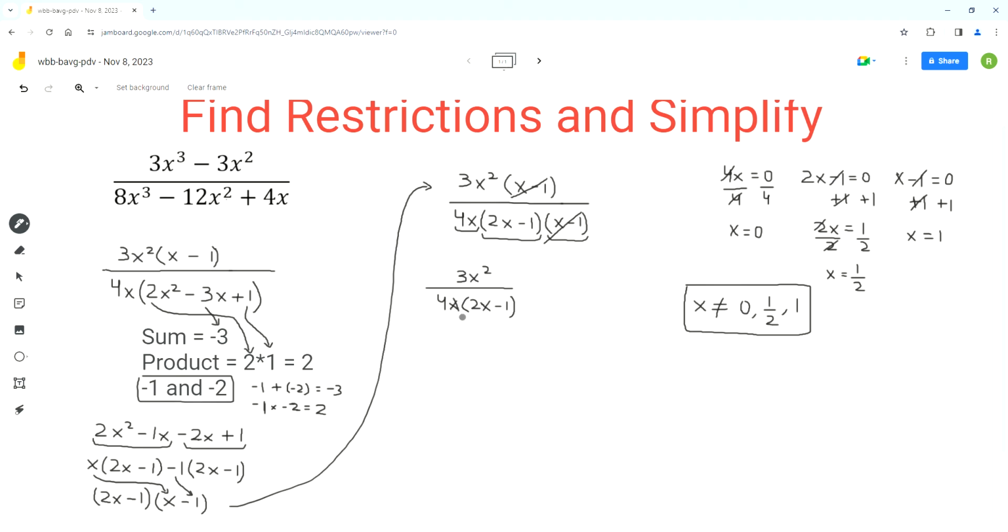So this x goes away and this power 2 becomes 1. So we are left with 3x over 4 times 2x minus 1. So this is the most reduced form of this given rational expression.